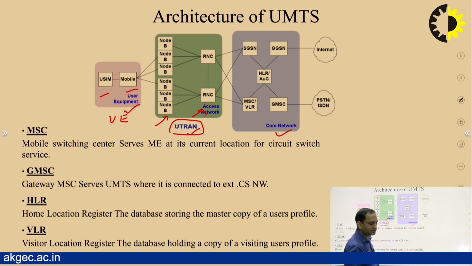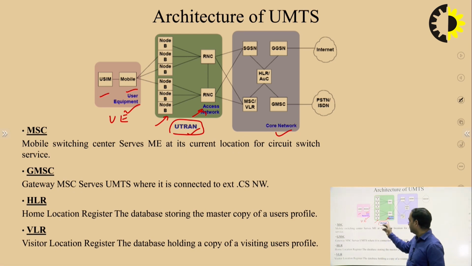Node B is nothing but the base station, which coordinates all the mobile phones connected to it, right? In simple words, we can say Node B is nothing but the base station. This base station is the advanced form where the signal processing is more complex.